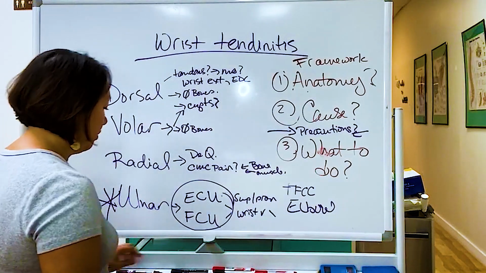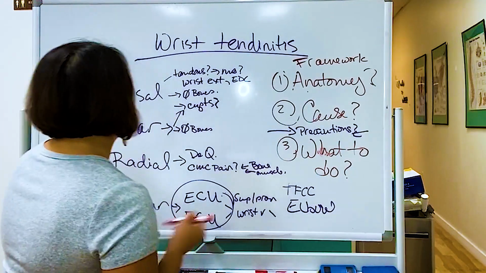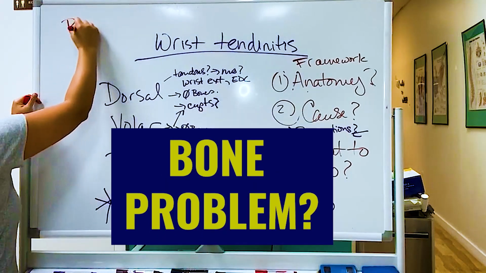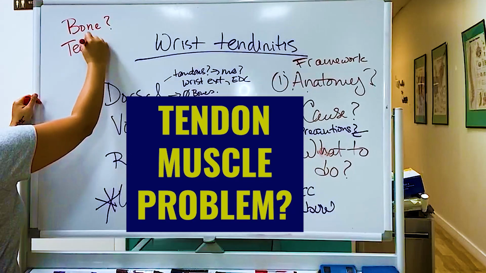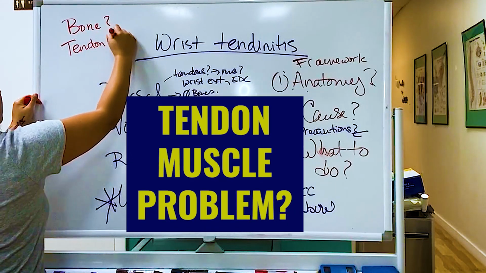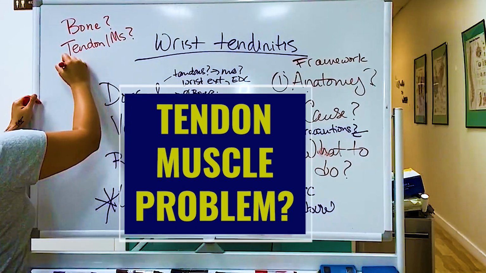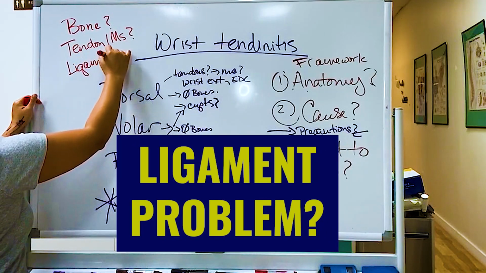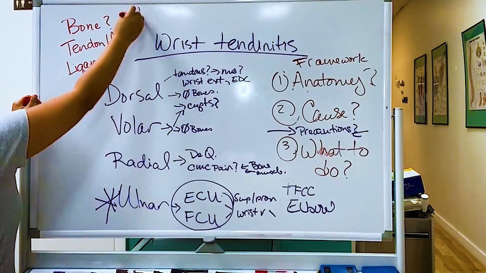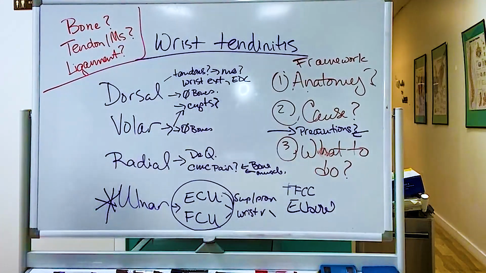And the other way you can break it down, which we've talked about, is: is it a bone problem? Is it a tendon muscle problem? Or is it a ligament issue, like a stability issue, right? You can still do that.